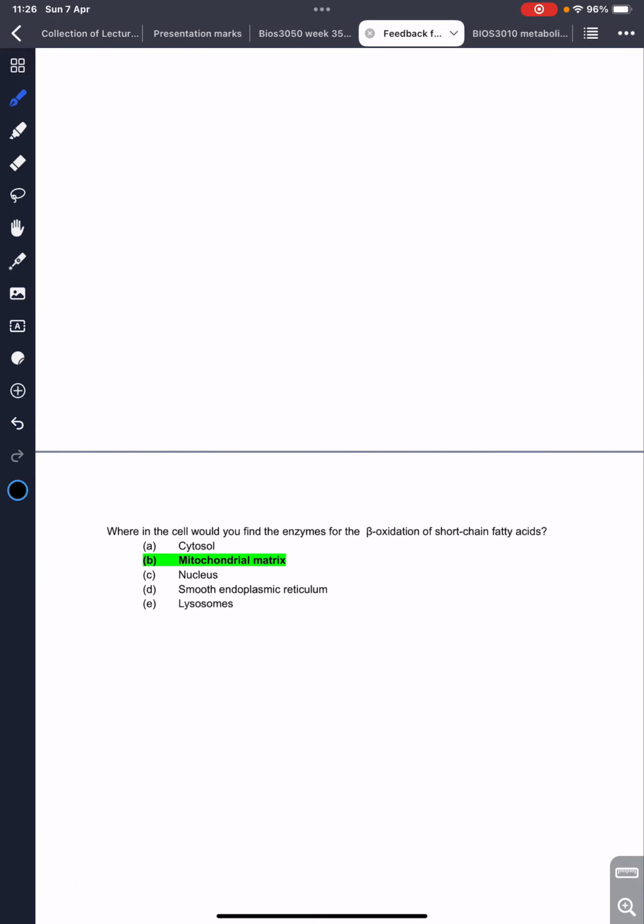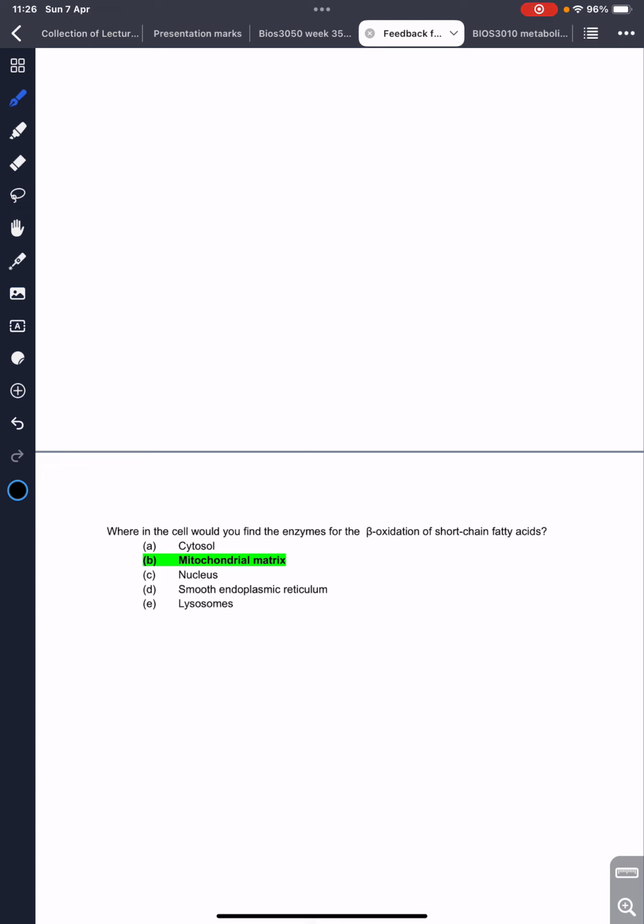Where in the cell would you find the enzymes for beta oxidation of short chain fatty acids or medium chain fatty acids? This is in the mitochondrial matrix. There is a slight exception. Very, very long chain fatty acids are usually broken down in specialized organelles, the peroxisomes.